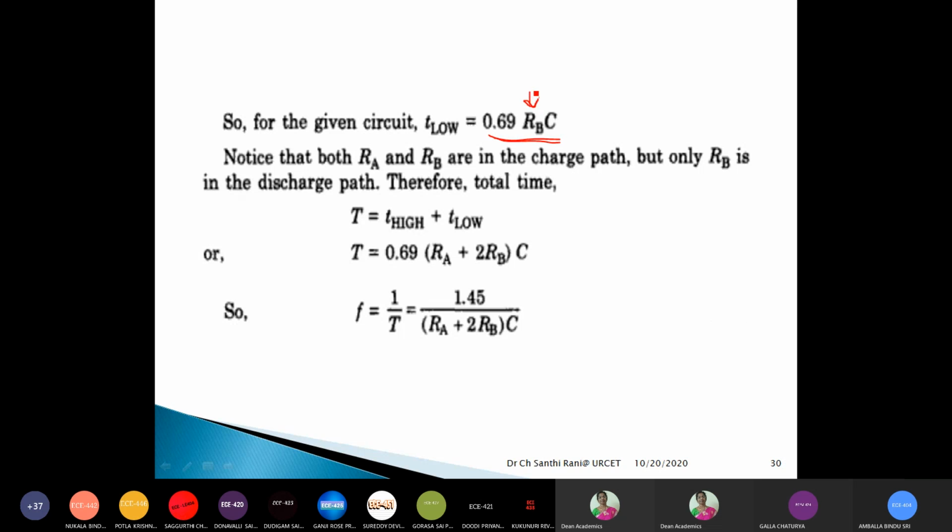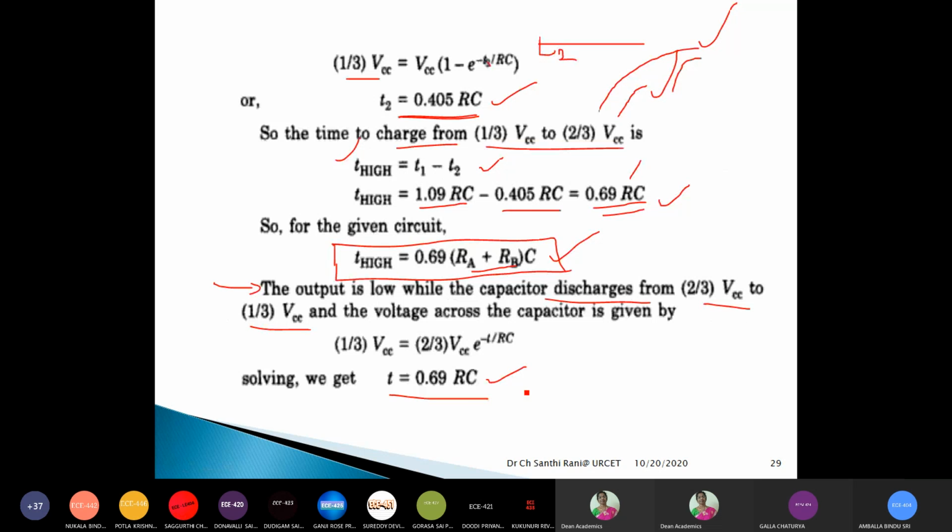Anybody can answer why I have written only RB? During discharge process, the resistance in the circuit is RB only, right? So why I have written RB only? When we have R, we write RA plus RB during charging process. But in discharge process, in place of R, I am writing RB only.